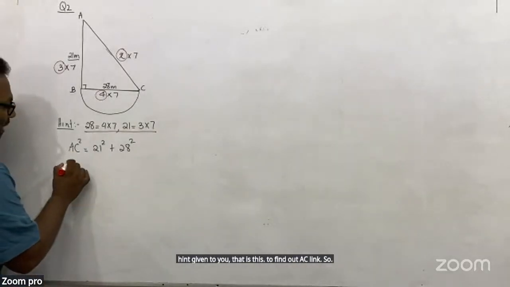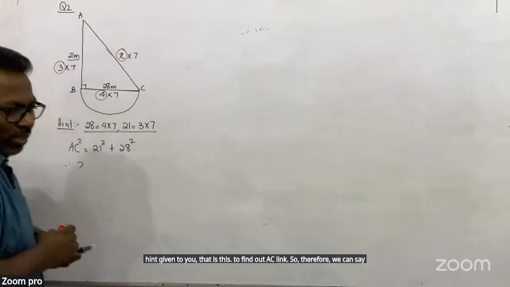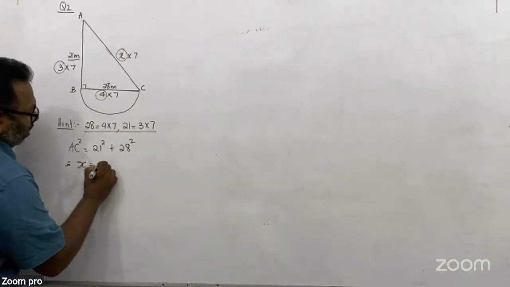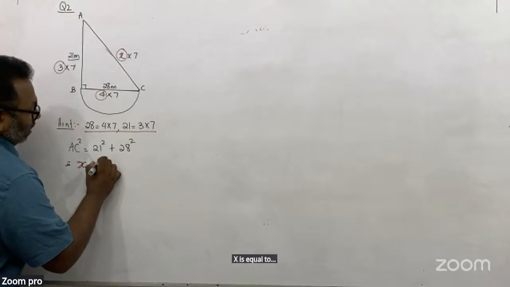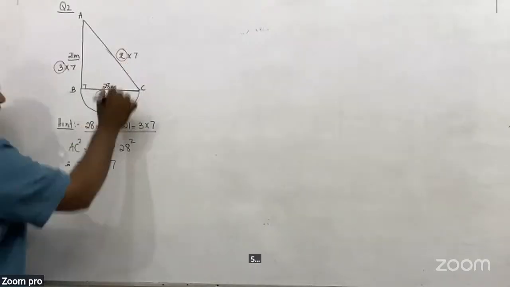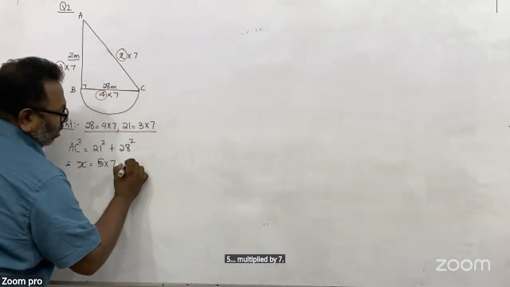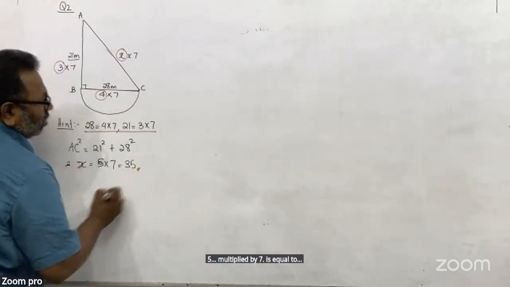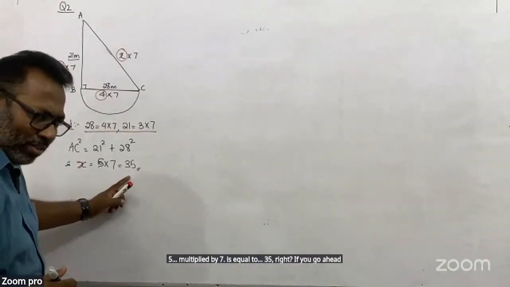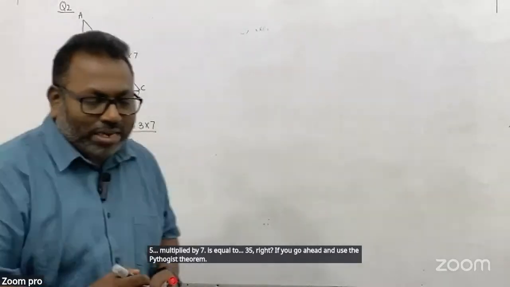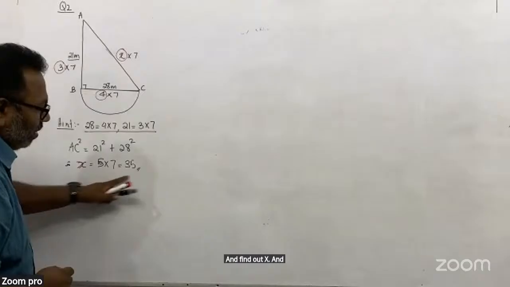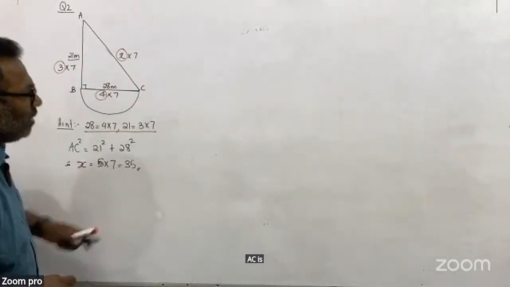So therefore, x is equal to 5 multiplied by 7, which is equal to 35. AC is going to be 35.